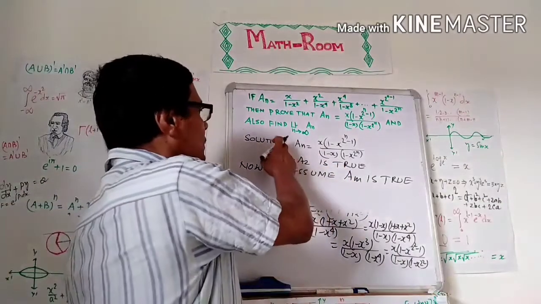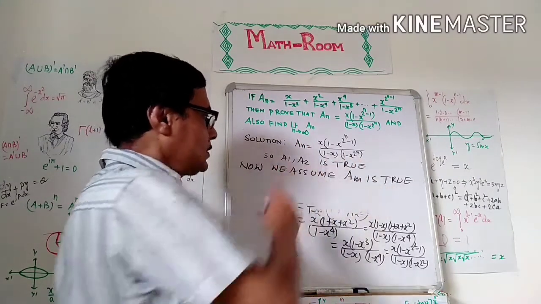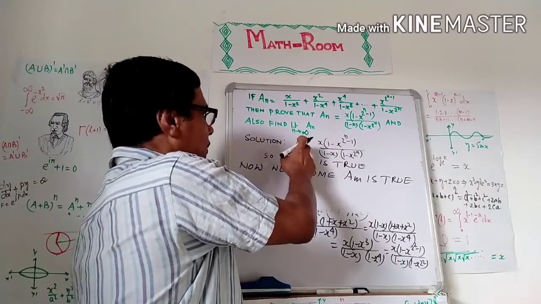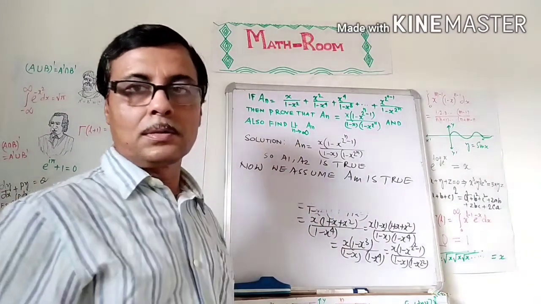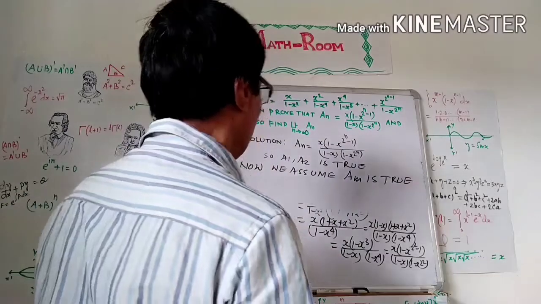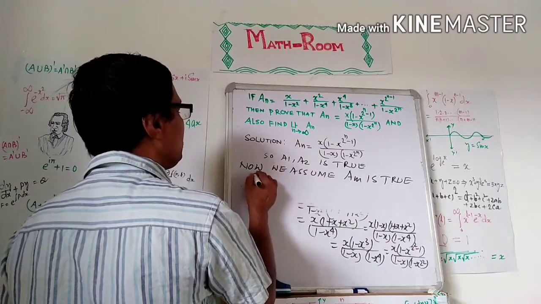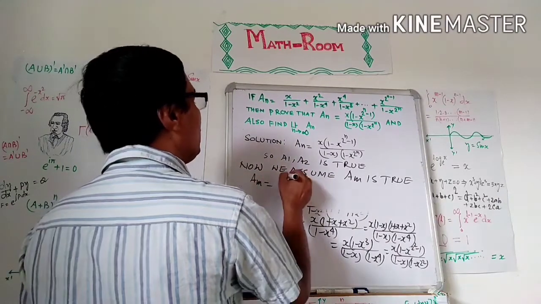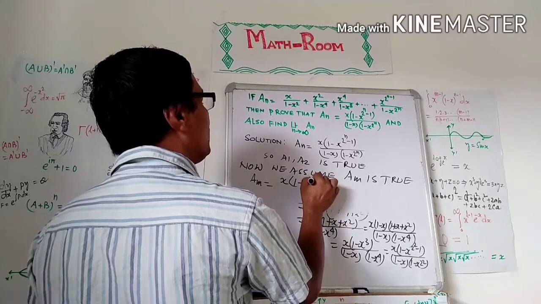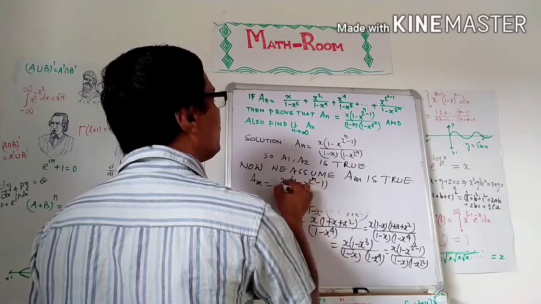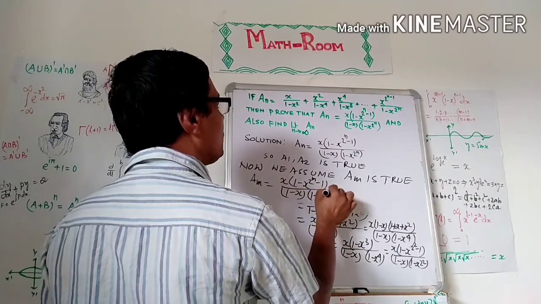That is, for n equal to m it is assumed true, and we have to prove it for n equal to m plus 1. Now we have assumed m is true, so we can write S_m equals x into 1 minus x to the power 2 to the power m minus 1 over 1 minus x into 1 minus x to the power 2 to the power m.